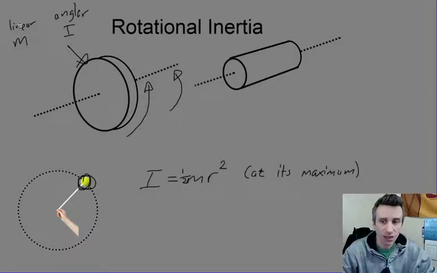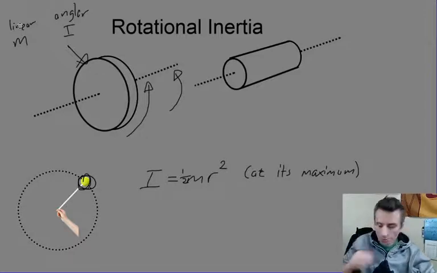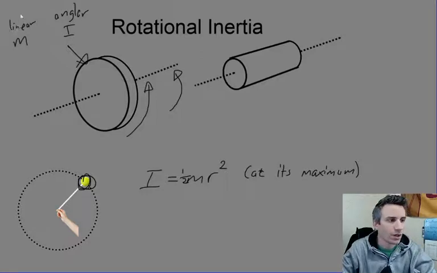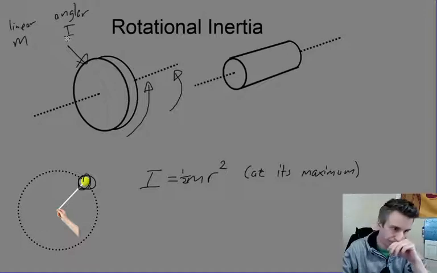So rotational inertia is, go figure, the tendency of an object to resist a change in rotational motion. So in the linear world, mass is the only thing that determined how much inertia you had. However, in the angular world, there's a little bit more to it.